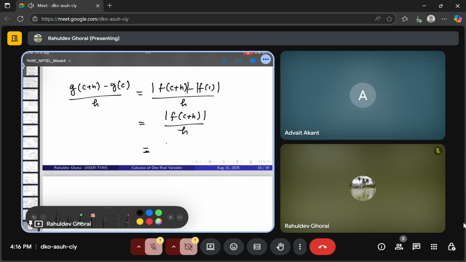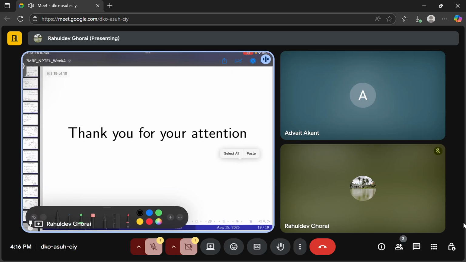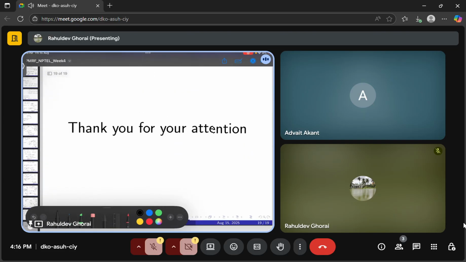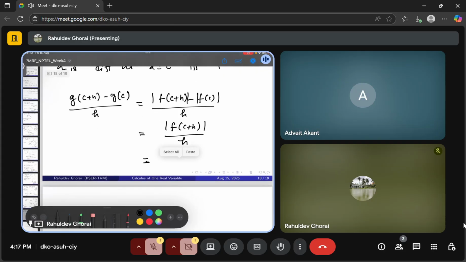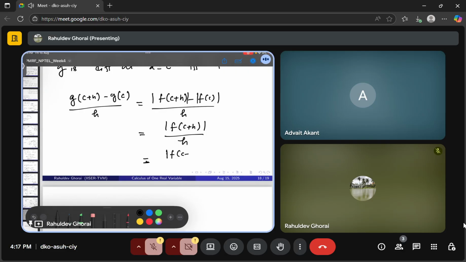Then it will be f square of c plus h by h mod f of c plus h.